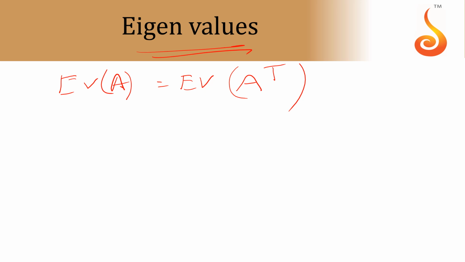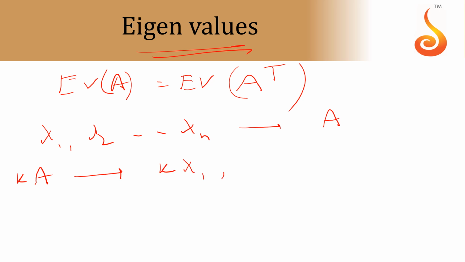And remember, suppose there are eigenvalues lambda 1, lambda 2, and so on up to lambda n for a matrix A. So there are n eigenvalues for a matrix A. Then for the matrix kA, what will be the eigenvalues? Simply k will be multiplied to the eigenvalues.